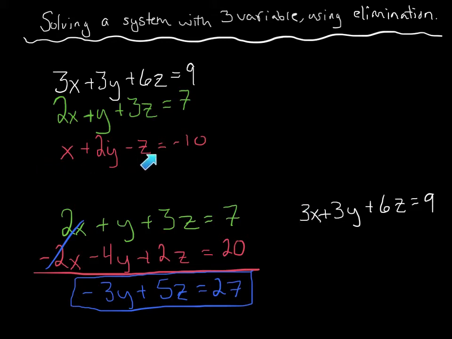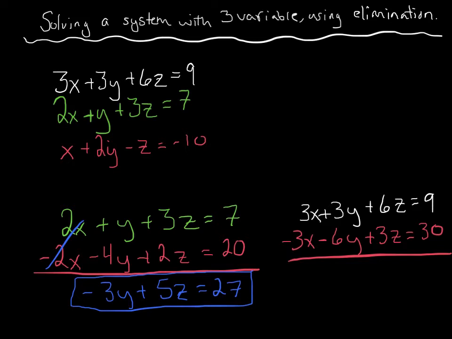So if I multiply this whole equation by the scalar of negative 3, I'll have negative 3x, because x times negative 3 is negative 3x. 2y times negative 3 is going to be a negative 6y. Then negative z times negative 3, which would be positive 3z. And a negative 10 times negative 3 is a positive 30.